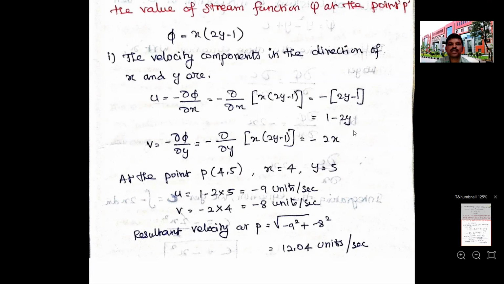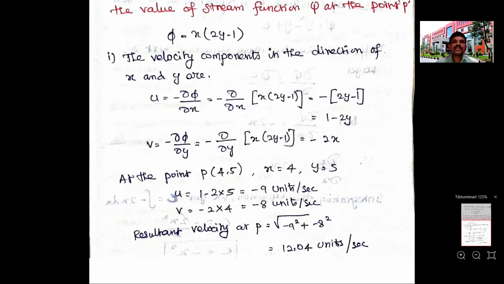Next, v is equal to minus dou phi divided by dou y, which is minus dou by dou y of x into 2y minus 1. So finally we get minus 2x. For the u term we got 1 minus 2y, and for the v term we got minus 2x.